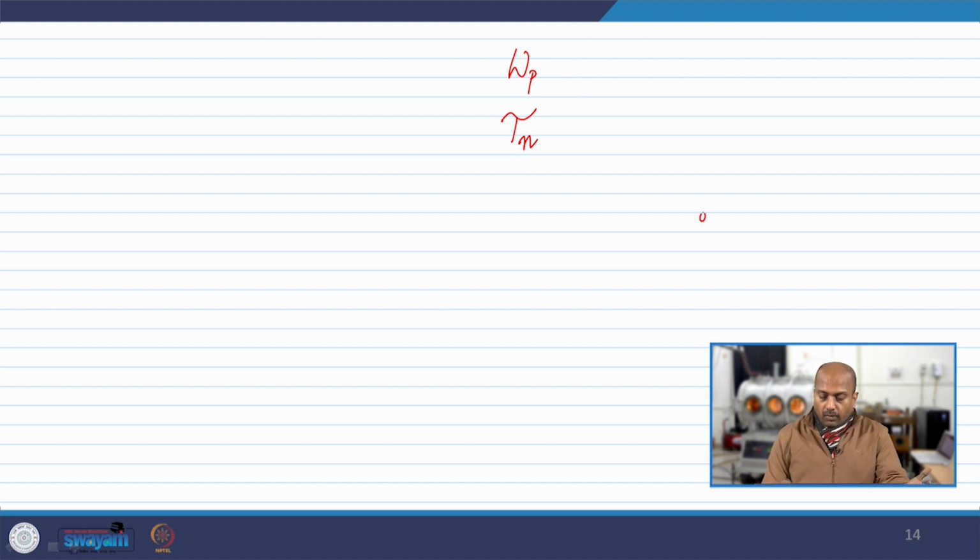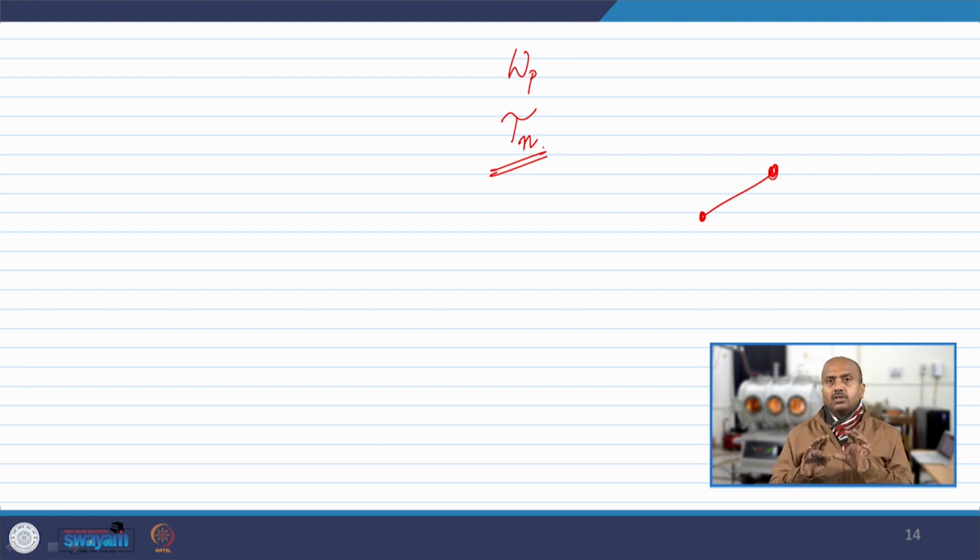So, now you are removing the collisions just so that the oscillations will persist. But if there are collisions, of course, then these collisions will obviously stop these oscillations.